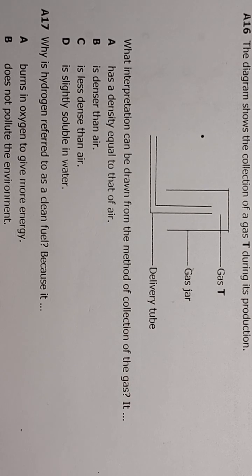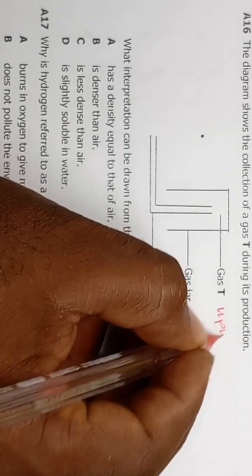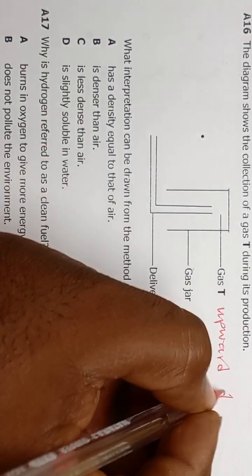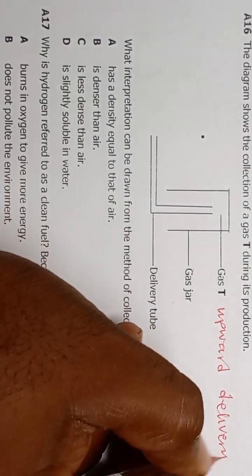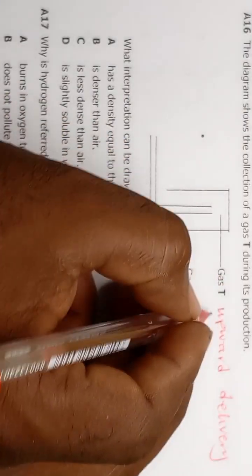First of all, let us understand what type of collection this is. This is what we call upward delivery, or it is also called downward displacement of air.